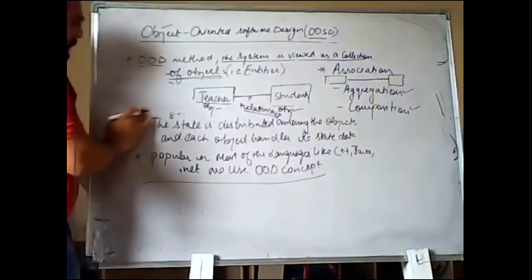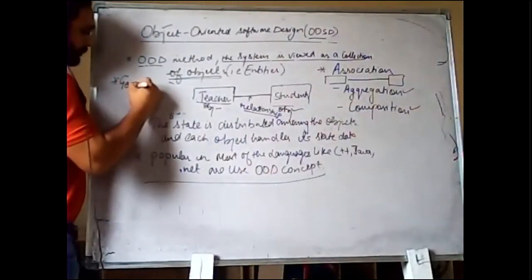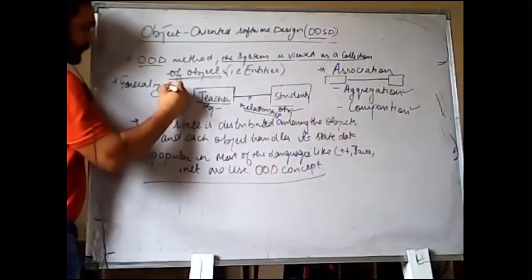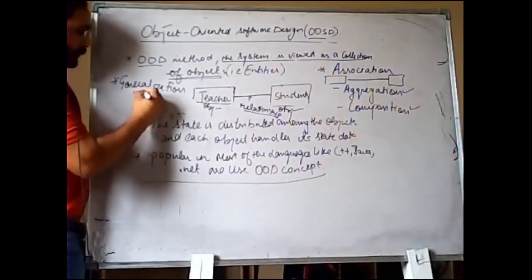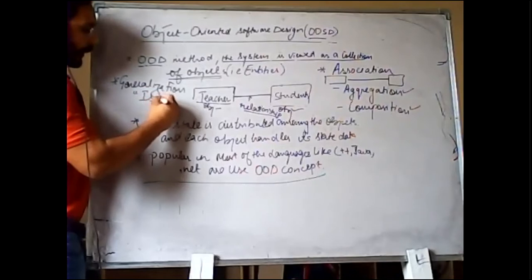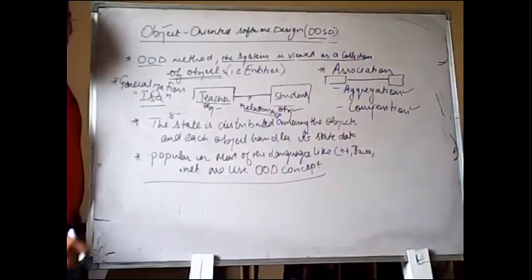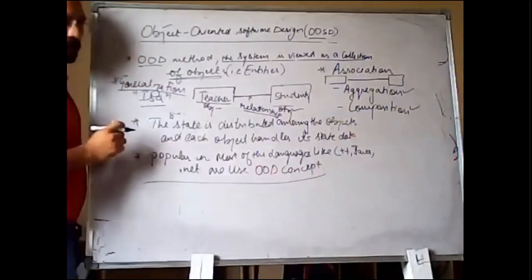There is another relationship, that is generalization. It is used for the "is a" relationship. The "is a" relationship comes under the generalization relationship.